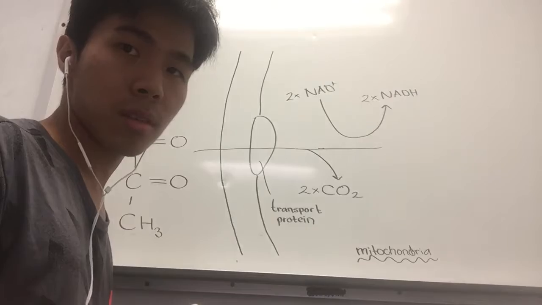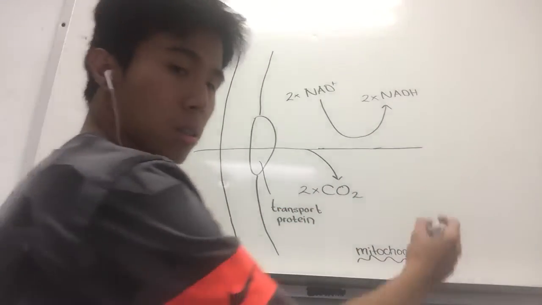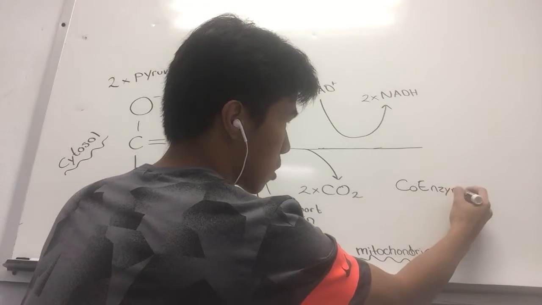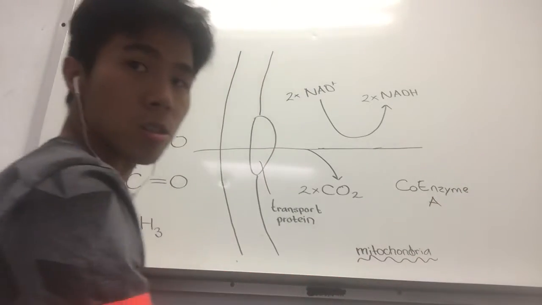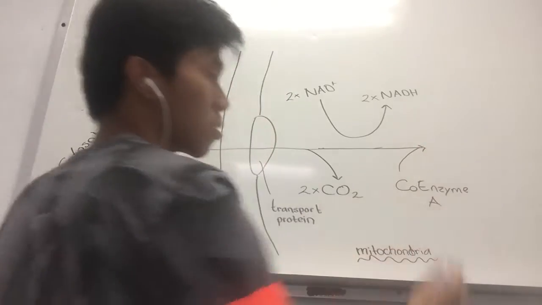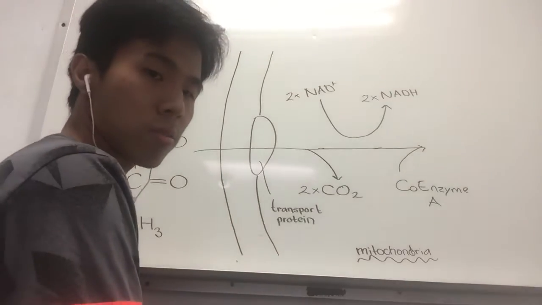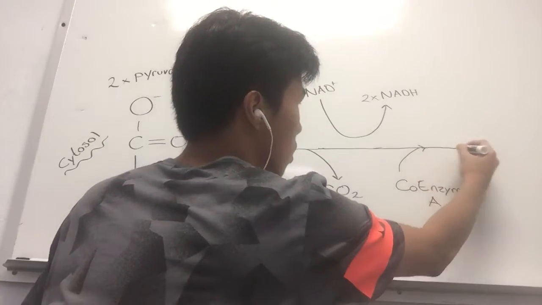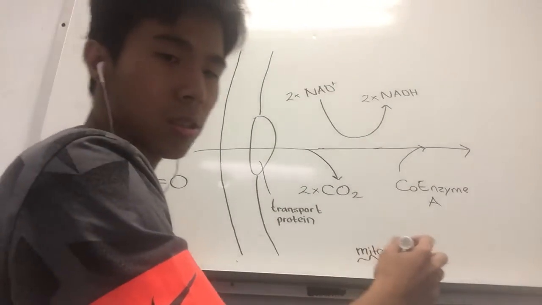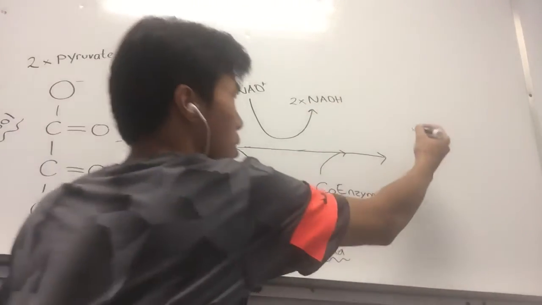And after that, there's going to be a coenzyme A, which will attach itself to the pyruvate molecule, and then finally it's going to form something called acetyl CoA, which looks something like this.